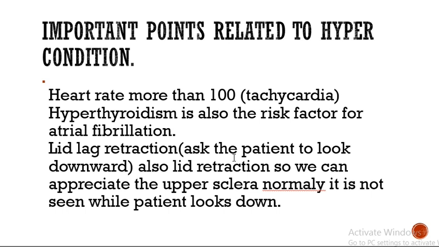When the patient looks down, you can appreciate the upper sclera. Normally it is not seen when the patient looks down, but in a hyperthyroidism patient you can appreciate it.